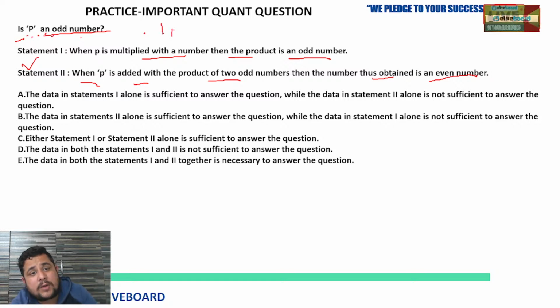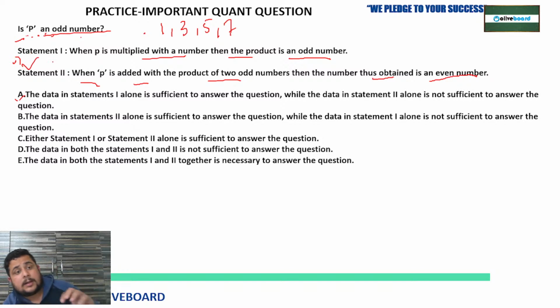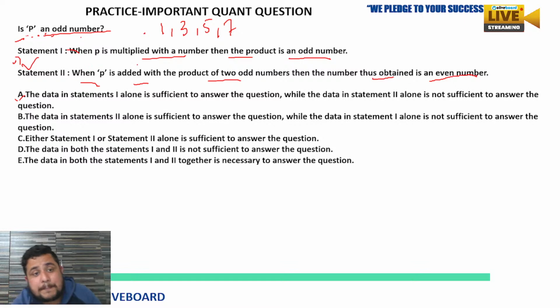So odd numbers are what? 1, 3, 5, 7. These are the odd numbers. Now we just have to verify in which statement the data is sufficient to answer this. So when P is multiplied with a number, the number can be even or odd, both cases possible.